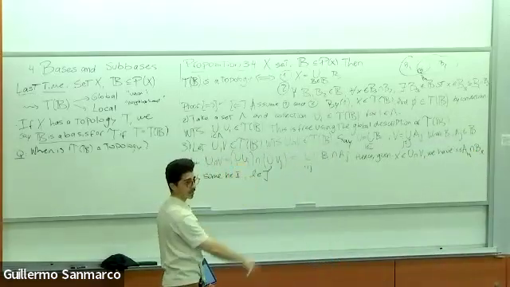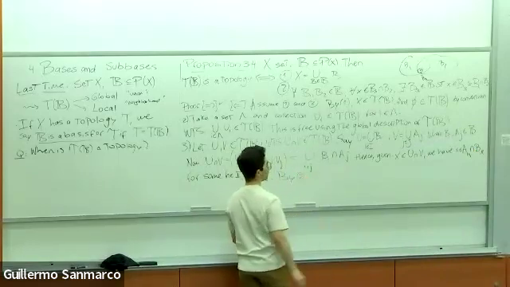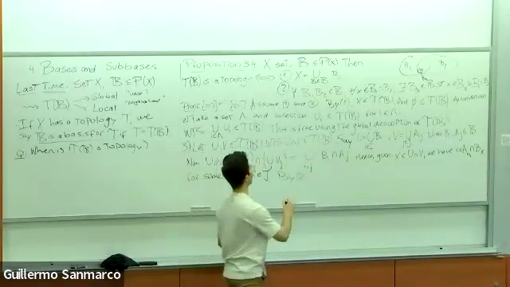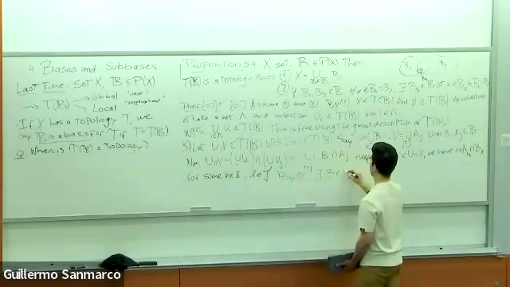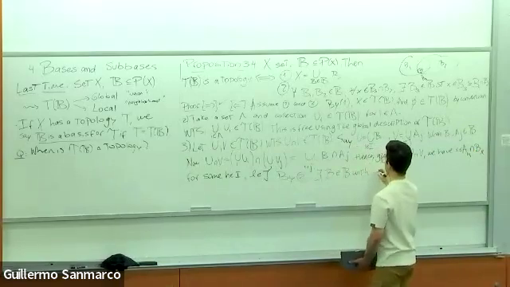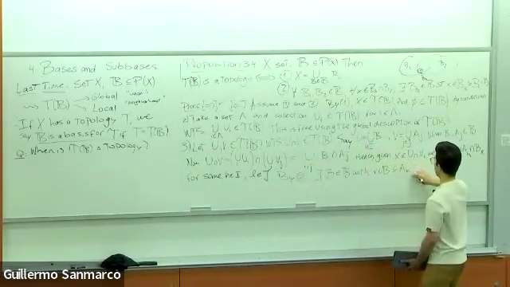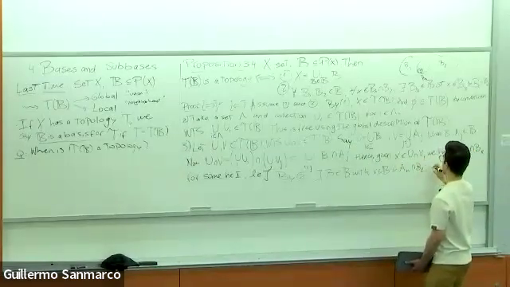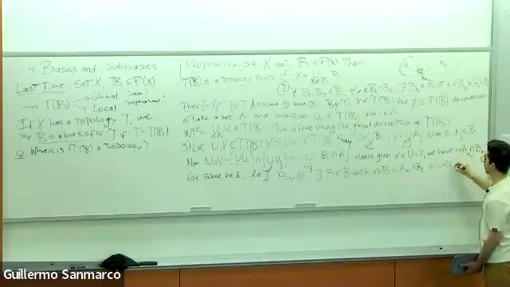And now I can use my property 2. So by circled 2, there exists some B in the basis with X in B inside the intersection BH intersects AL, which is also a subset of U intersects V.